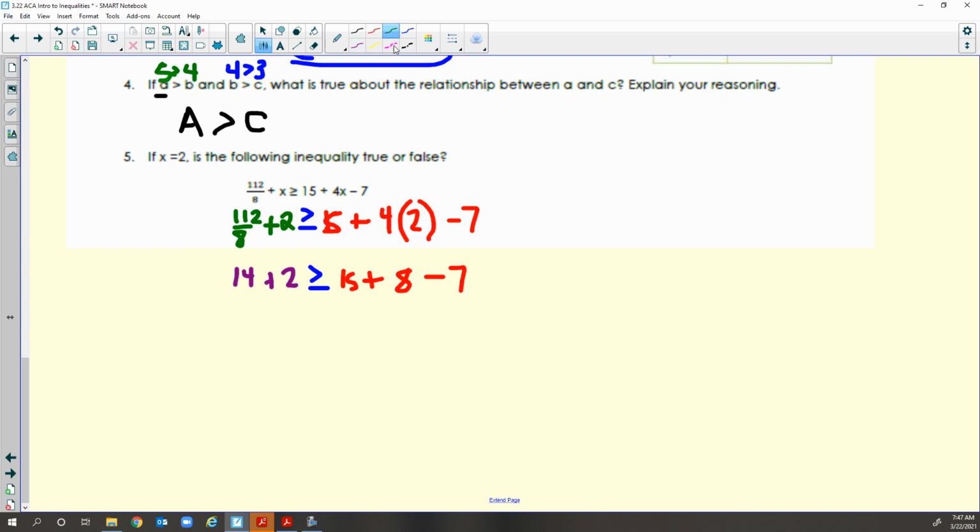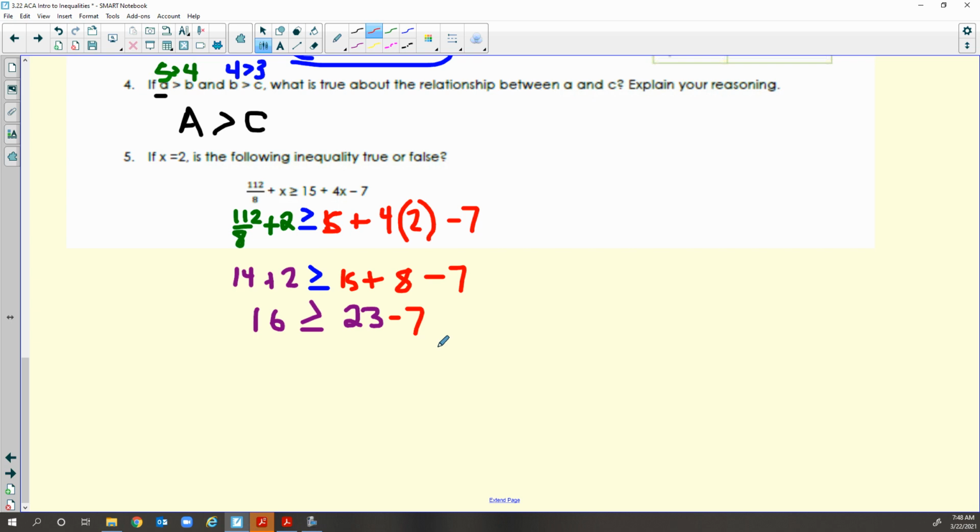So all I have to do now is do my order of ops. 14 plus 2 is 16. Then I have to do 15 plus 8, which is going to give me 23. And we have to then do minus 7 on the right.